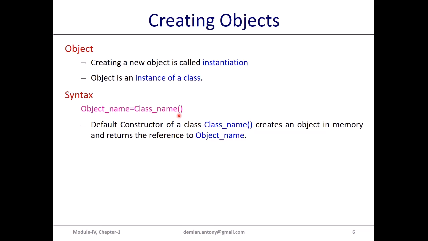If we use parenthesis with no argument, it's a default constructor of a class which creates an object in memory and returns the reference to the left hand side, that is the object name.